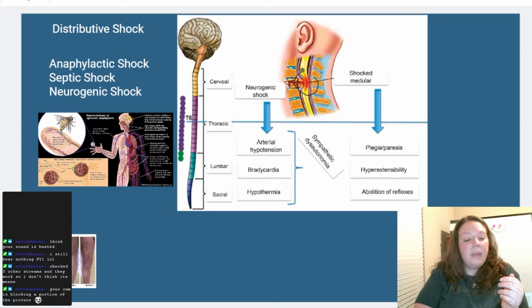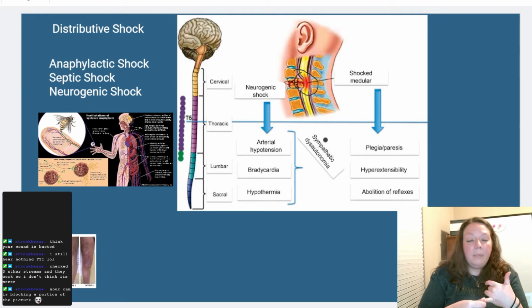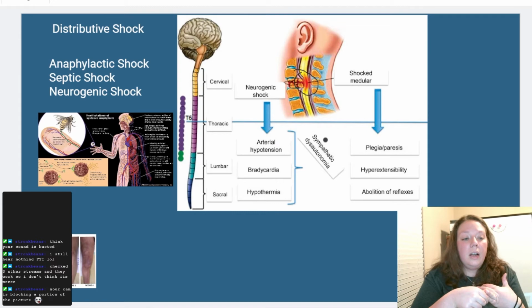If you look here, it's damaged. So what happens is the pathways that cause your heart rate to go up because your blood pressure is low are not there. So your heart ends up being very slow, bradycardic. You have arterial hypotension, your blood pressure is low, and then your skin is warm.